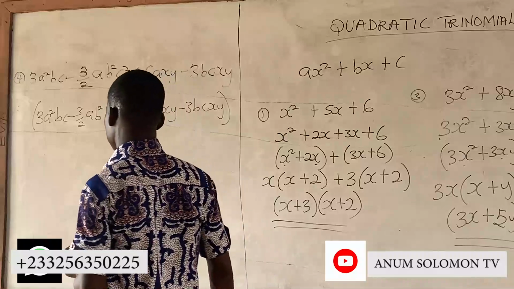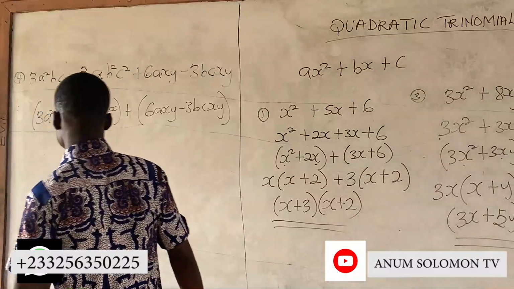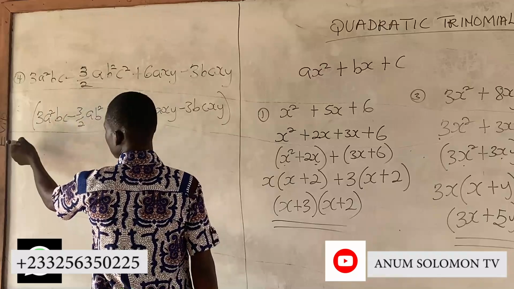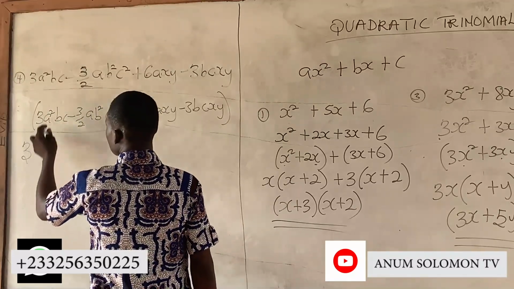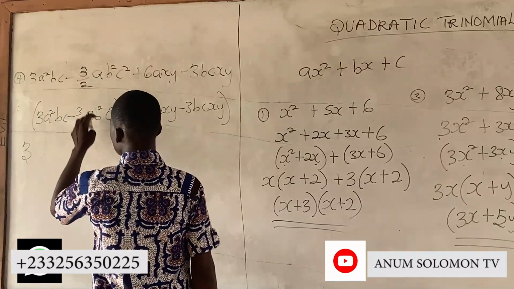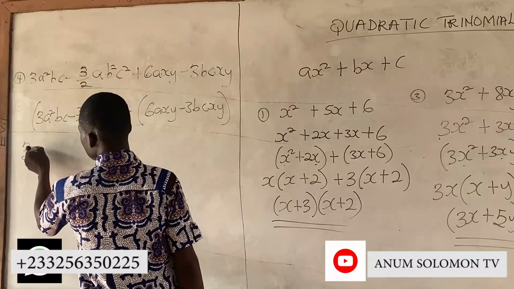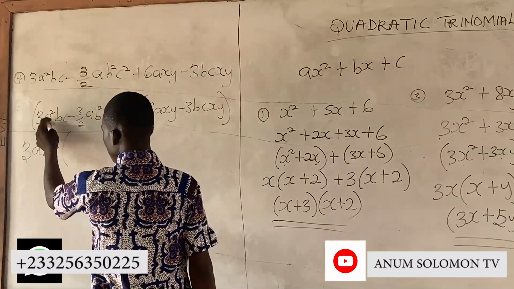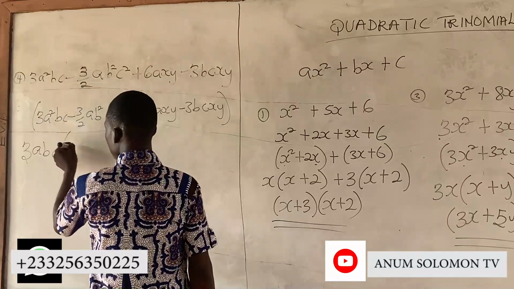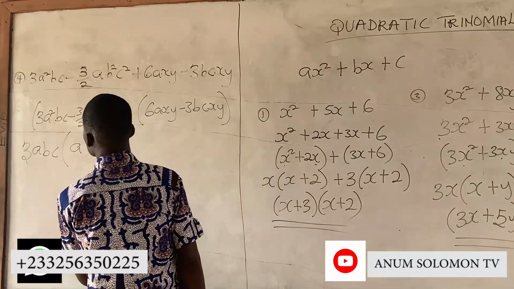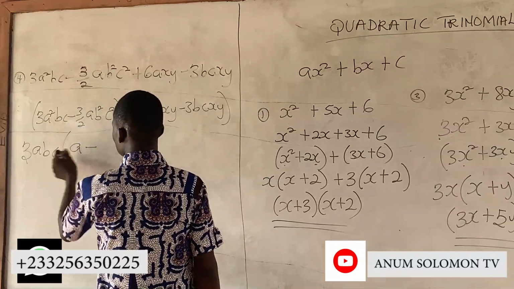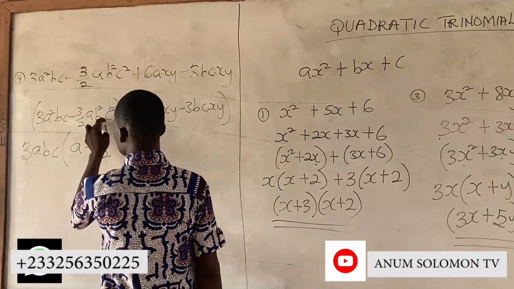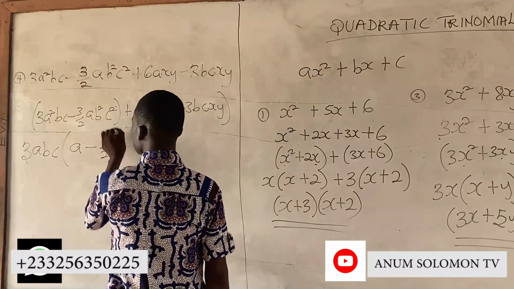Let's take the first bracket. You see 3 is common. Factor 3abc out, since abc is common. When 3abc is out, the a here, which is power 2, leaves a. 3 is out, we have 1 over 2. And here, b is power 2 and c is power 2, so we have bc.